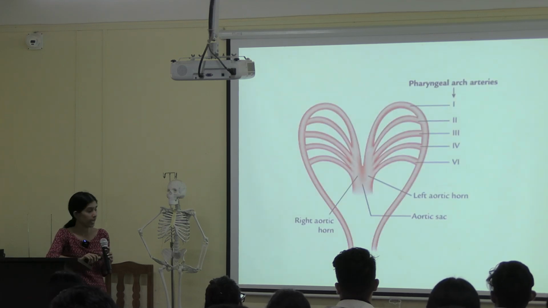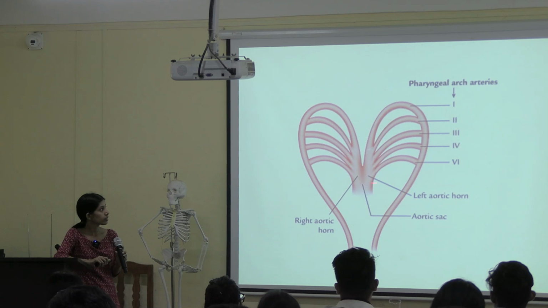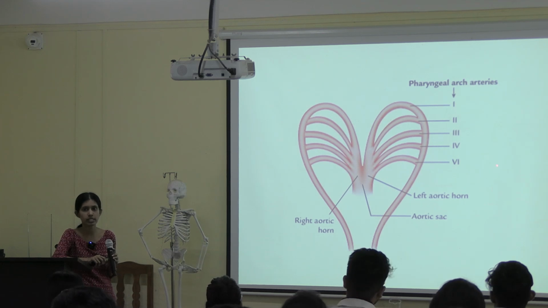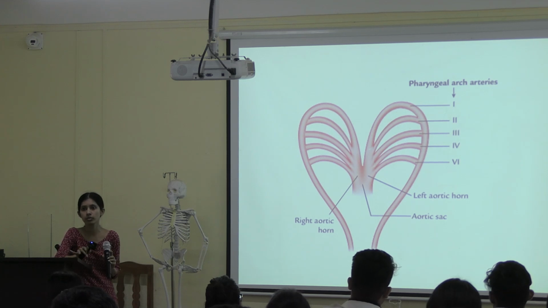So this is the diagram that shows the aortic arch arteries. We have a total of 5 aortic arch arteries, because the 5th one will disappear, but still we name them 1st, 2nd, 3rd, 4th and 6th. Fine. So this development takes place from the 4th week to 8th week.